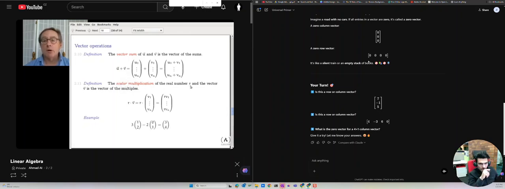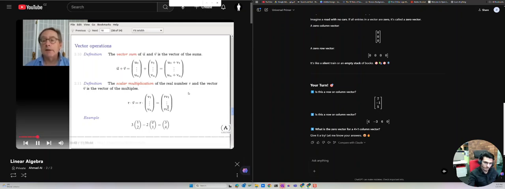In this context, r is called a scalar. If, for example, you want to multiply the whole vector by r, you multiply each of its components by r.